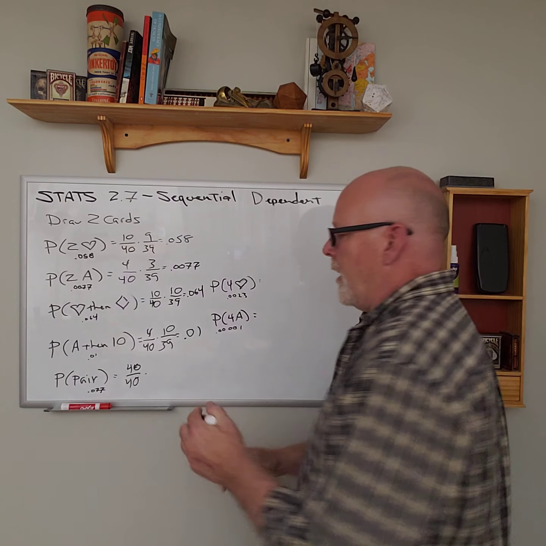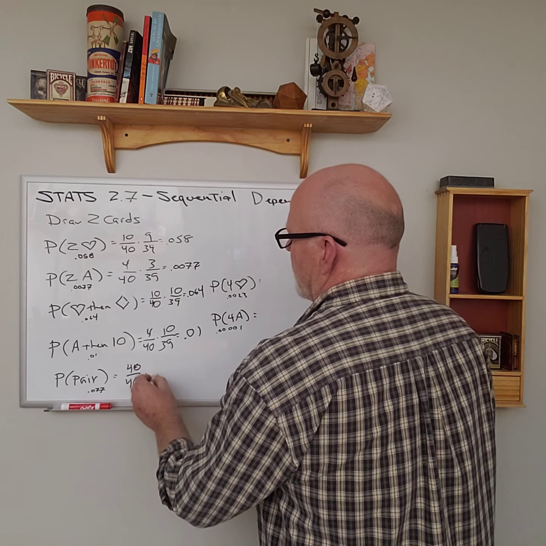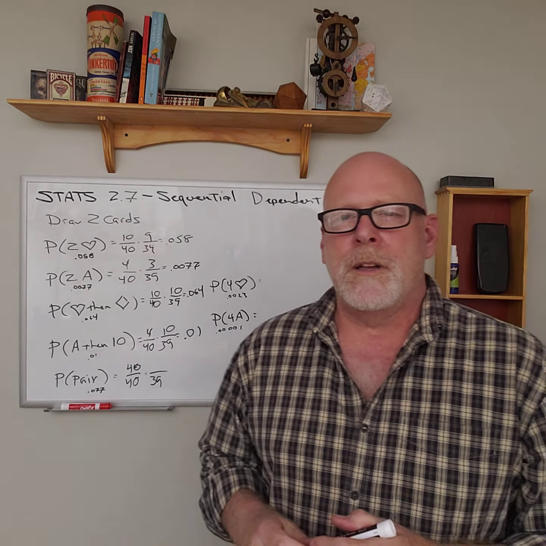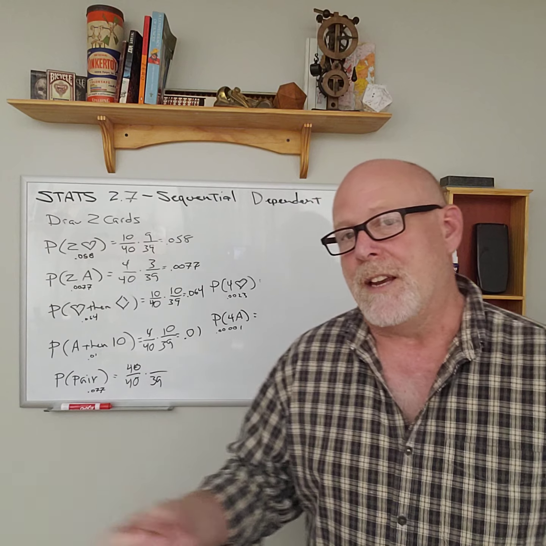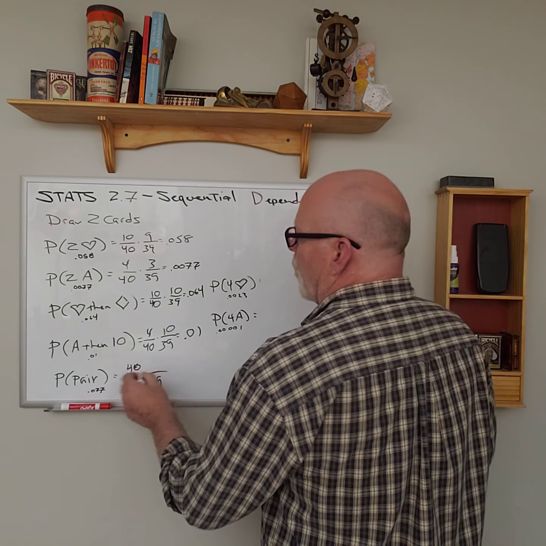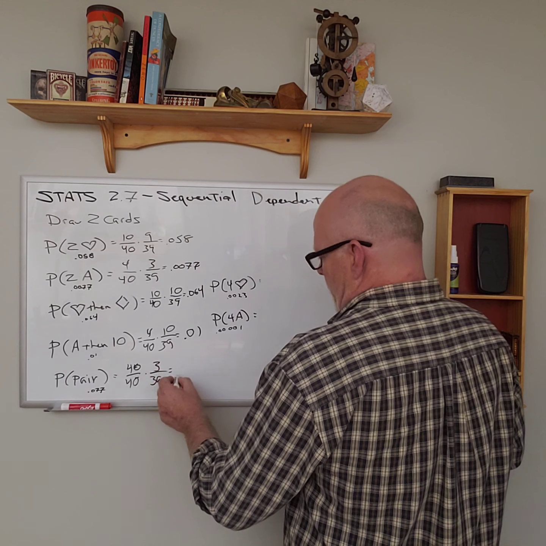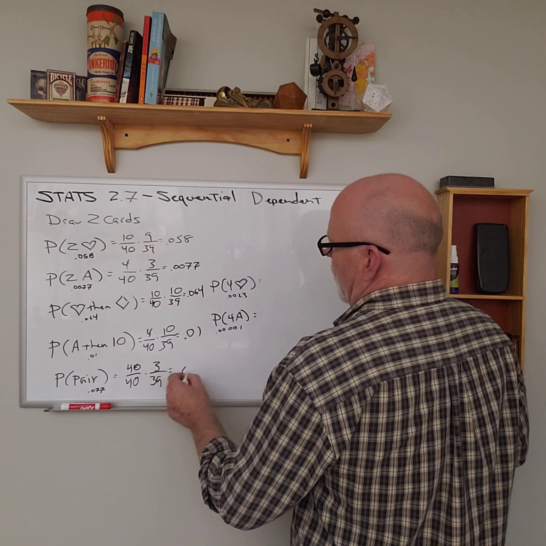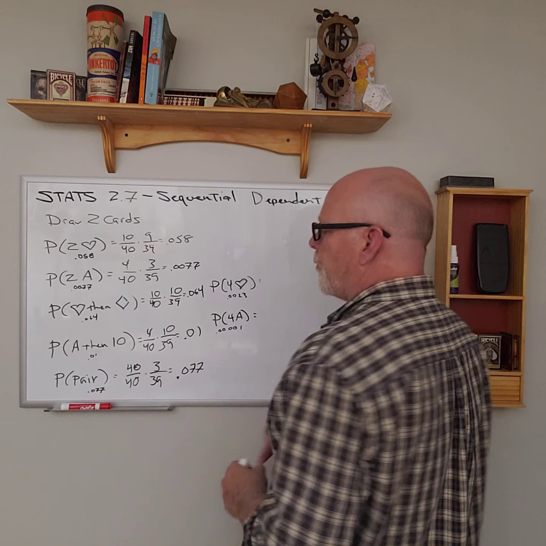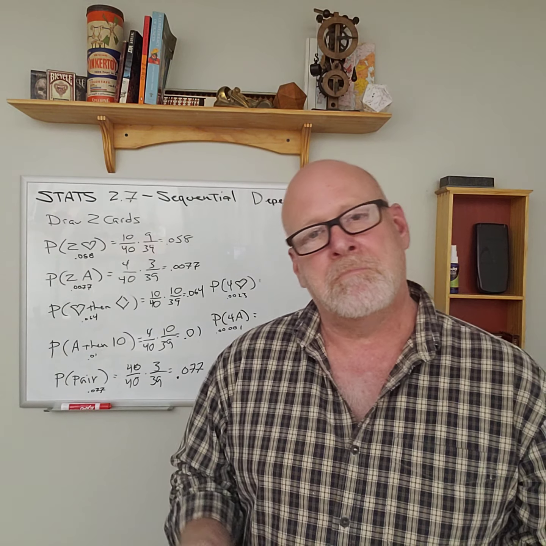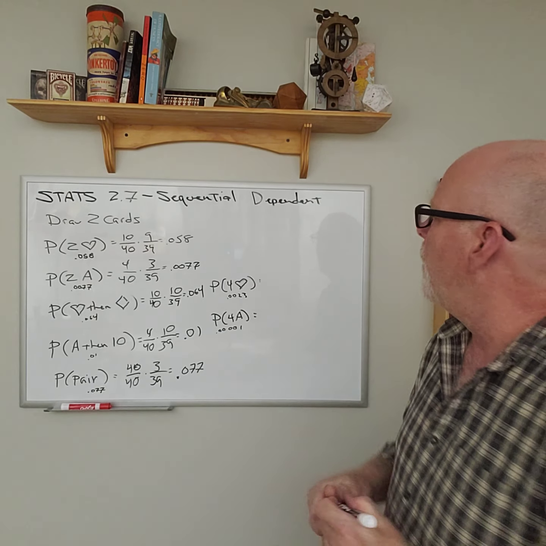Well, there are 39 left in the deck. That's not going to change. And how many of them will have the same face as the first? Well, we already drew one with that face. So it's going to be one less than there were when we started. So it's going to be 3 out of 39. That's 1 in 13, or about 0.077. So about 8% of the time, if you draw two cards, they're going to be a pair. Seems pretty reasonable to me.